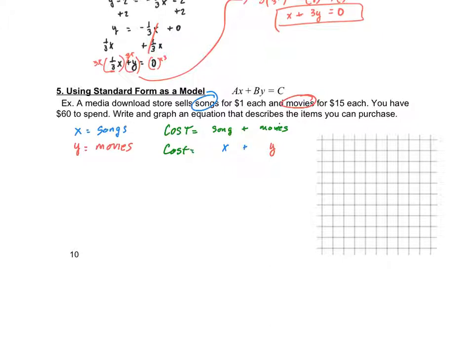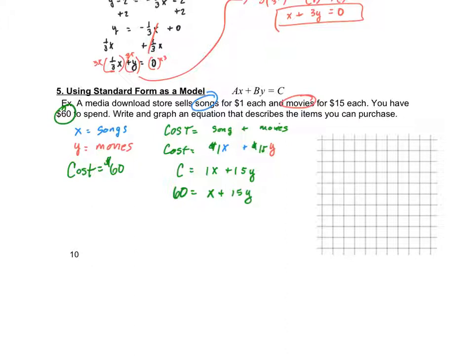Well, the song costs $1 and the movies are going to cost $15. So if I wrote that, that would be C, cost, equals 1x plus 15y, or C equals x plus 15y. And I can't forget that we have $60, and why leave any money in our pocket, right? The cost is equal to $60, so I can replace that with 60. And there's my equation: 60 equals x plus 15y.